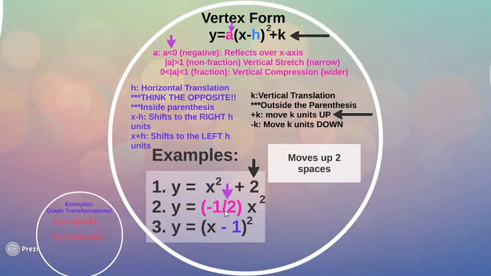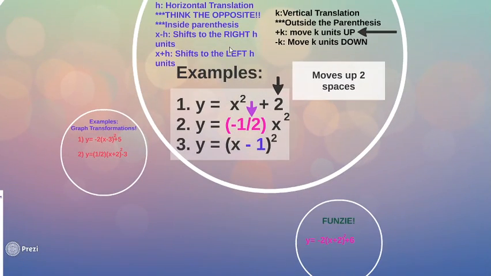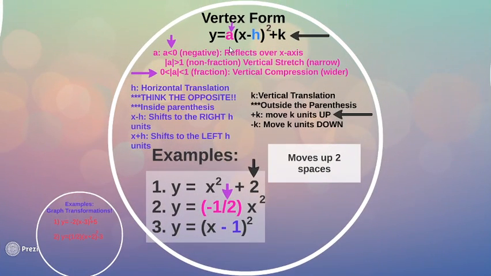Also, the a value is a fraction, or in between 0 and 1, it's 1/2. So what happens when you have a value that's a fraction? It will be a vertical compression. So this graph will not only reflect, whoa, get a little crazy here. Sorry, guys. Not only will your graph reflect over the x-axis, it will also vertically compress or get a little bit wider.